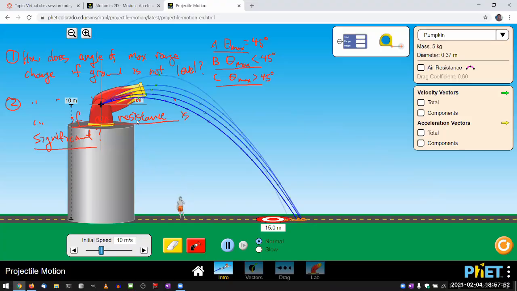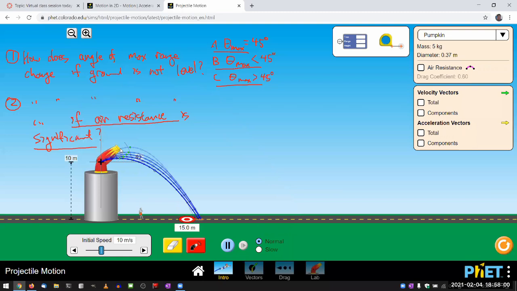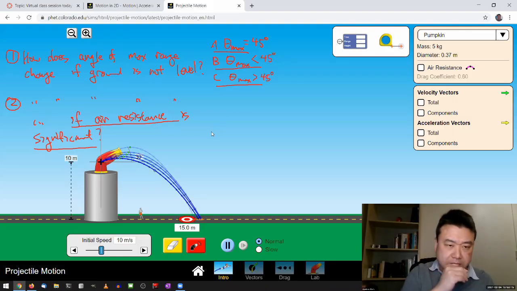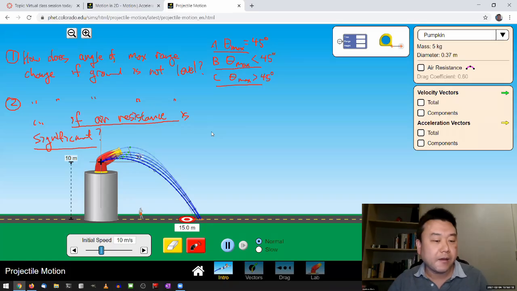So you get the result. Between those two attempts, one consistent thing was that whether it's at 45, 40, or 30 degrees, the angle that gave maximum range was less than 45 degrees. And let me kind of land this plane.